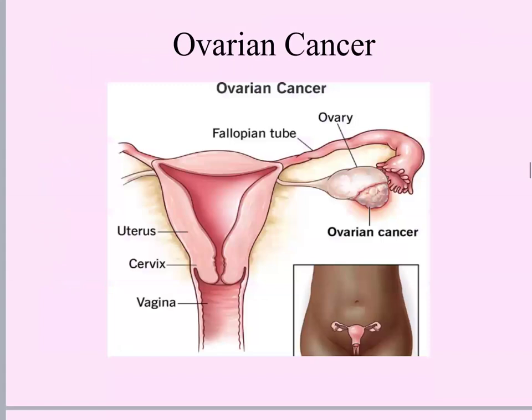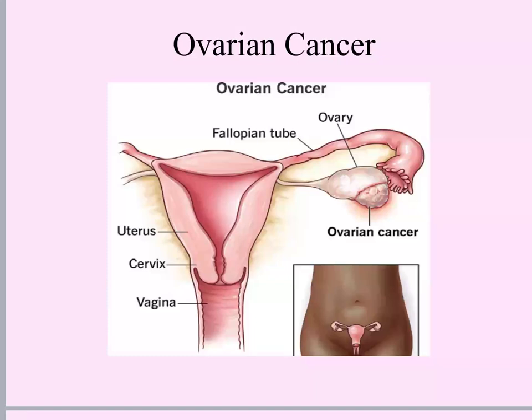Okay, moving on to ovarian cancer. Ovarian cancer originates in the ovaries, as you might guess, and it is one of the most common gynecological cancers. It affects women of all ages, but it's more prevalent in postmenopausal women.